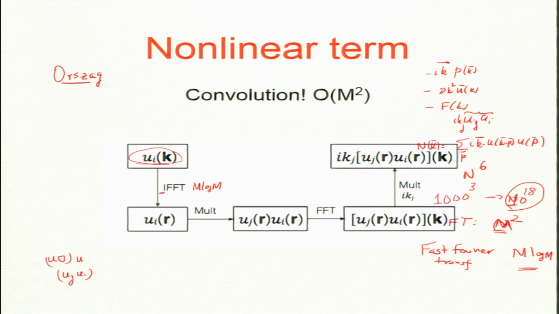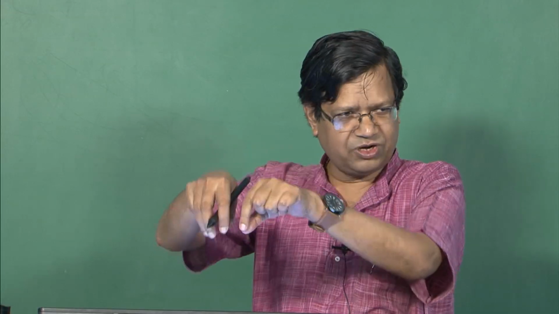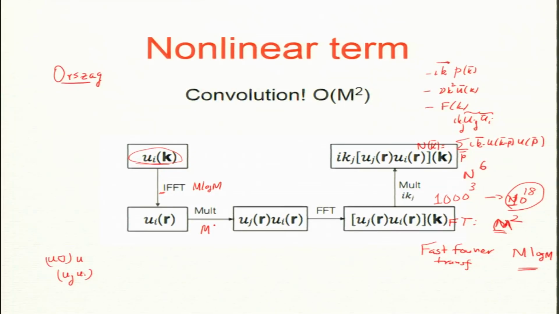M, right. There are m points, and it is a local product at the point itself. So, this is in fact just order m, where O means order; it could have a prefactor of 5.